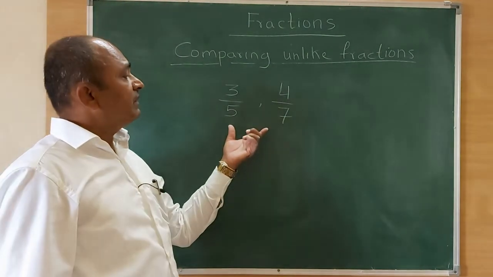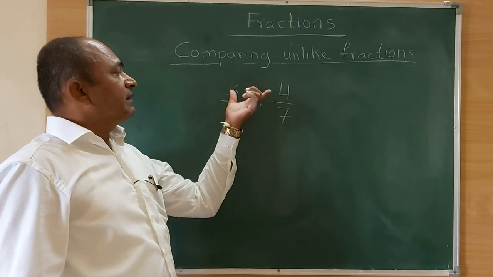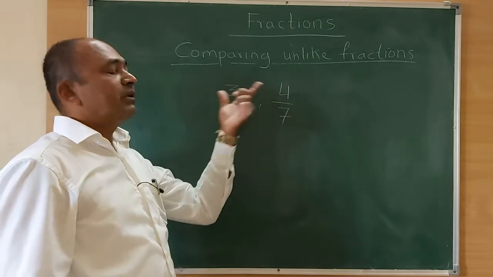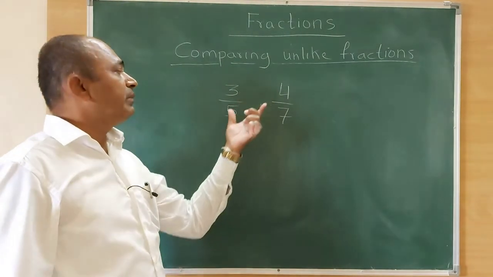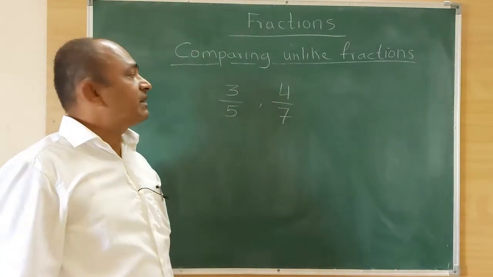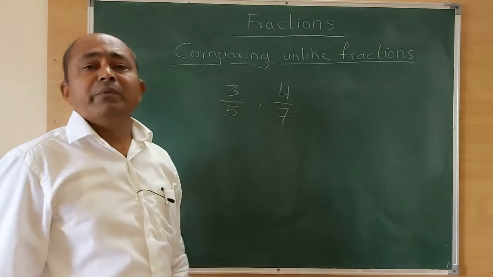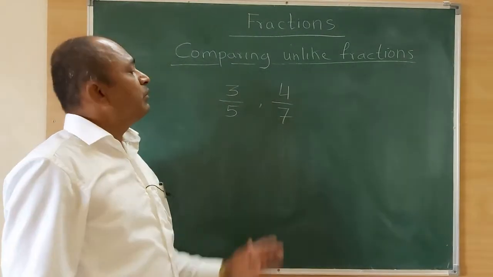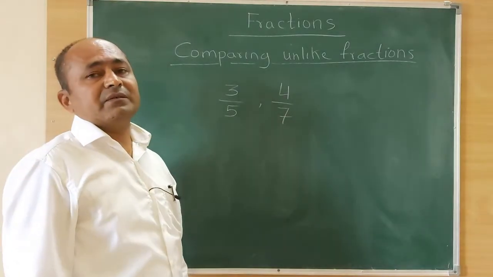We have also seen how to compare fractions with equal numerators if their denominators are not same, but here numerators are also not equal. So how to compare such fractions?